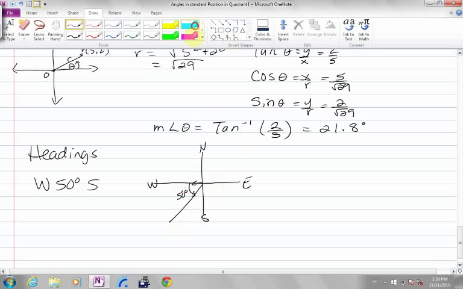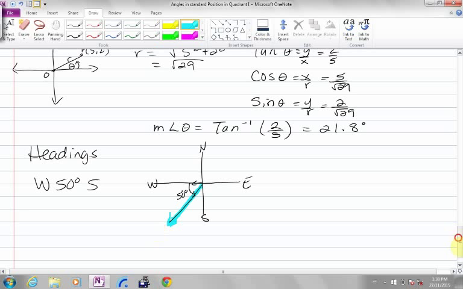So this is the actual direction that I would be moving in. Okay, so you start with the first direction, in this case west, and then you move however many degrees it states towards the other direction, in this case south.